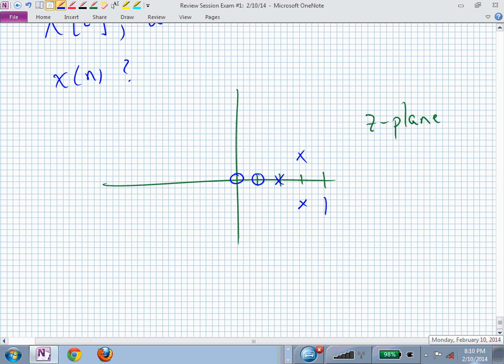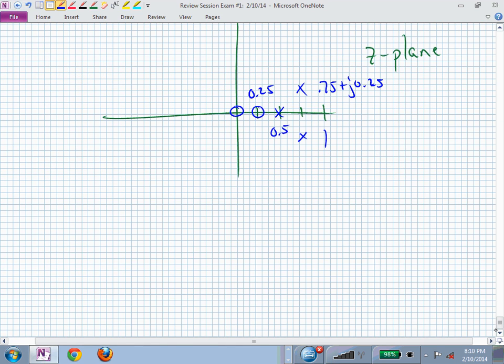That's our pole zero diagram, and this is 0.75 plus j 0.25. This is 0.5, this is 0.25, and the other one's at the origin. Can you give me capital X of z?